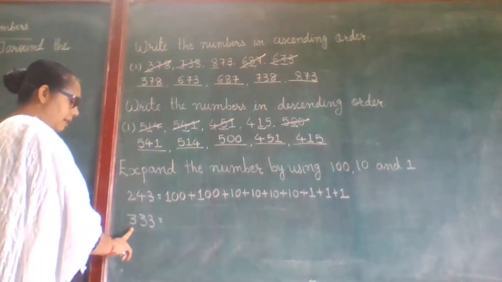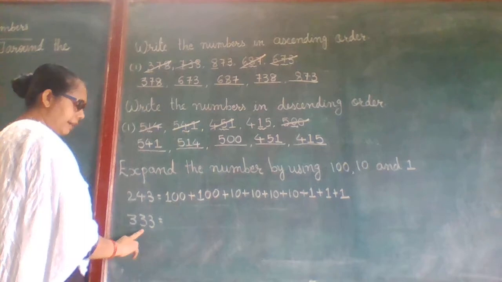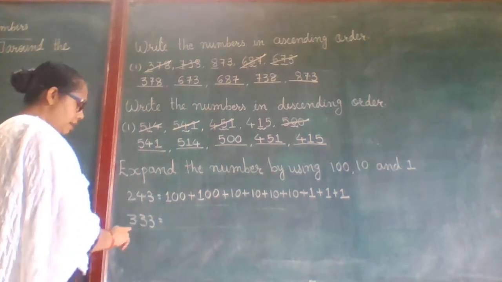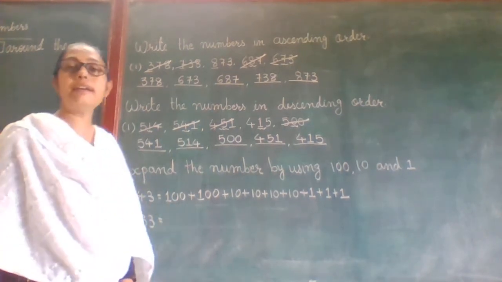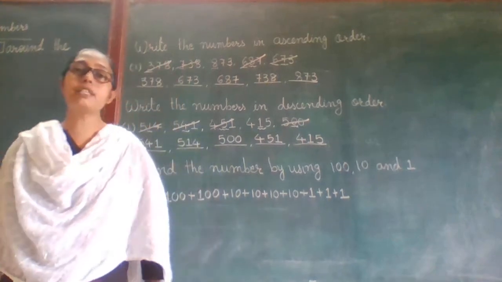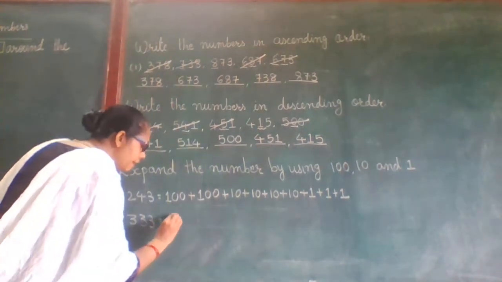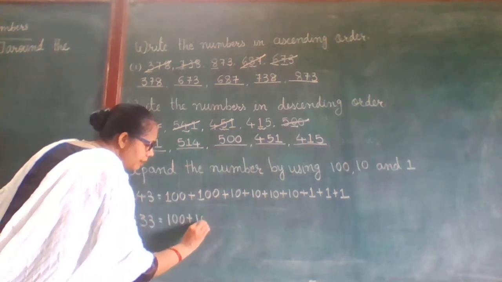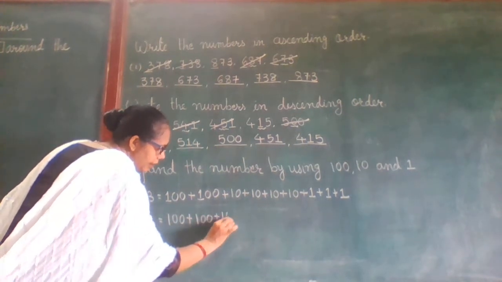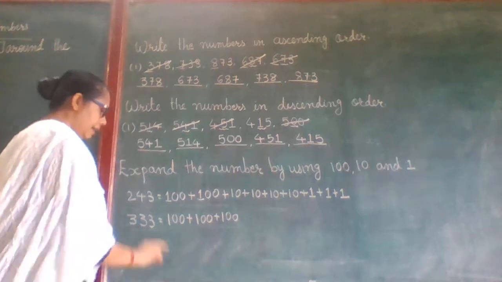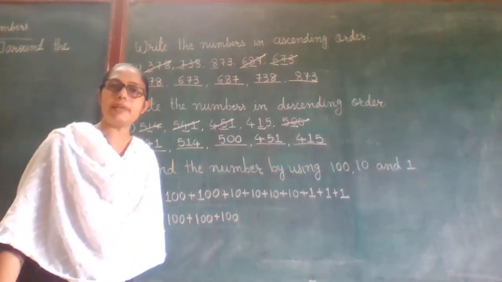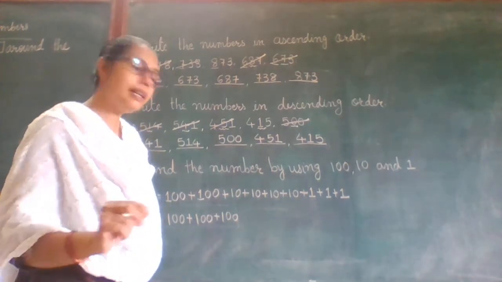Now see, another number is equal to 333. Here we have 3 on 100's place. 3 on 100's place means 3 times 100. 100 one time, 100 second time and 100 third time. Then 3 on 10's place means 3 times 10.